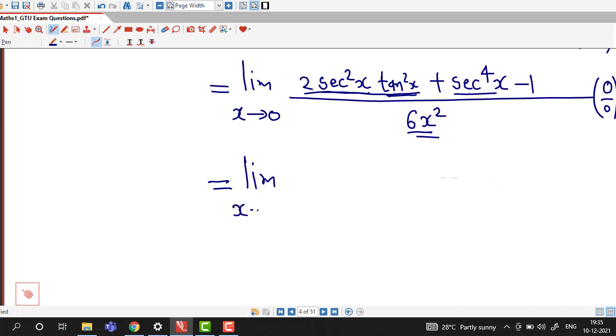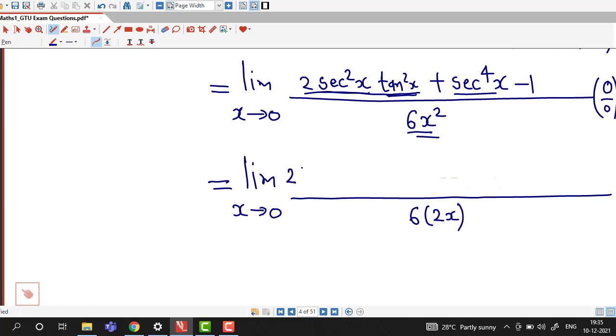So again we apply L'Hospital rule, and first we write down derivative of this 6x square, which is 6 into 2x. We have to apply product rule again here.